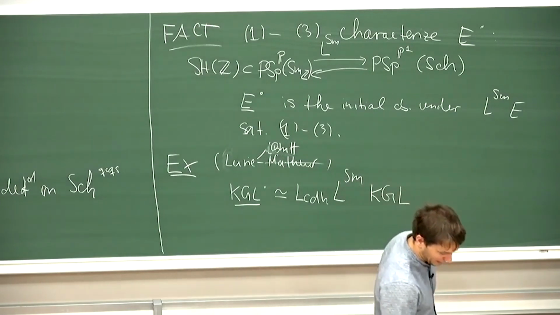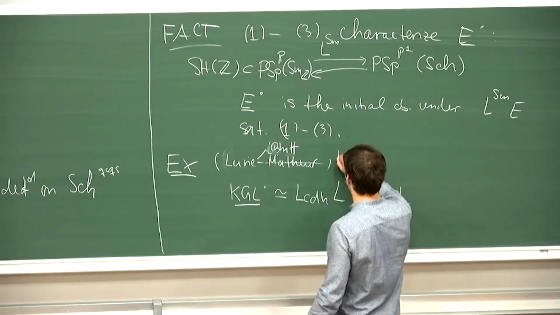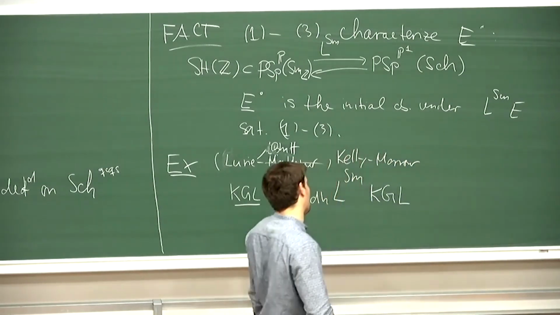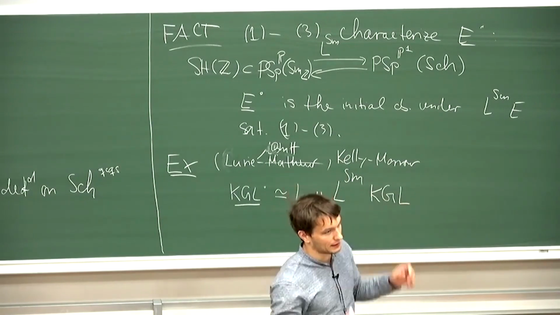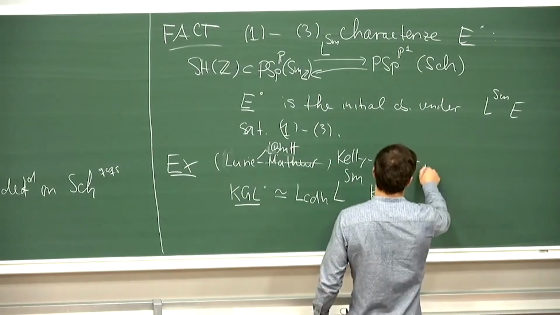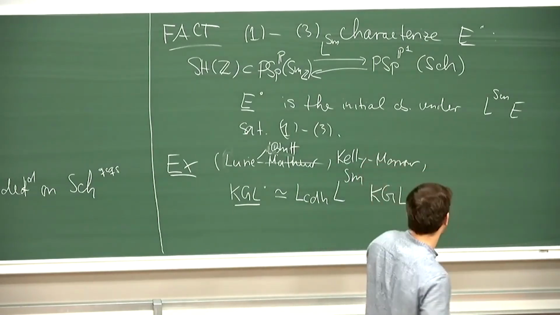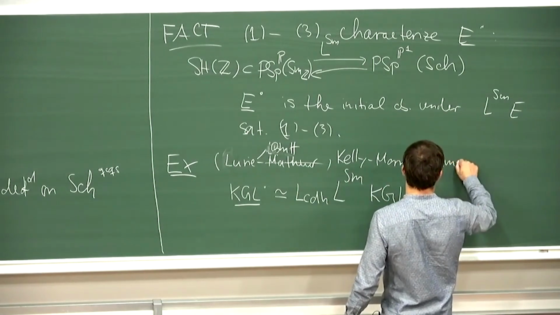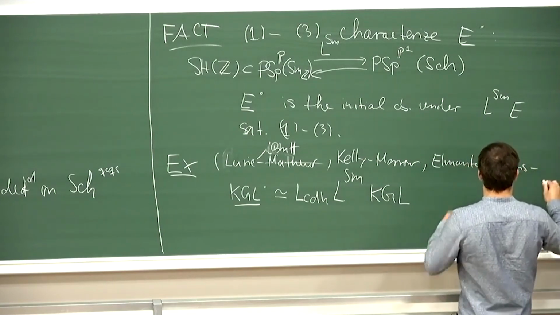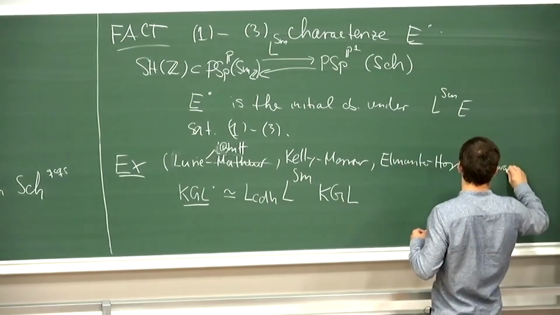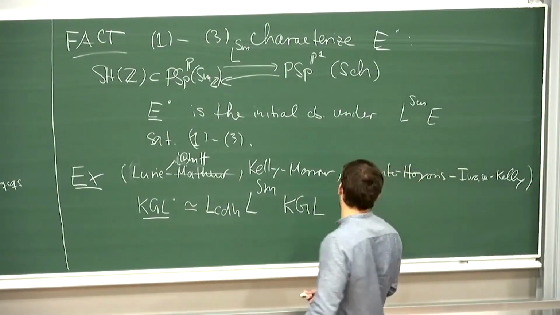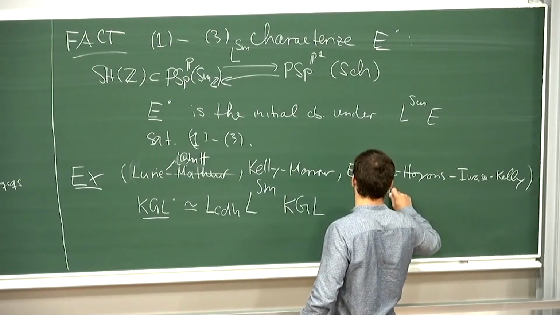And then I put Kelly Morrow. And what these guys explained is the apparently well-known fact that K-theory of valuation rings is A1 invariant and connective. And then you put this together with Elmanto, Hoyois, Iwasa, Kelly, and I guess I also put Szymik here again.